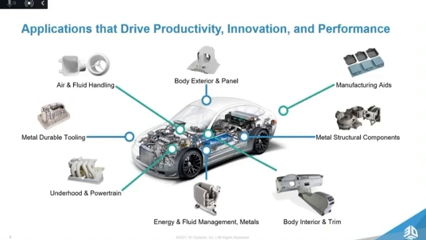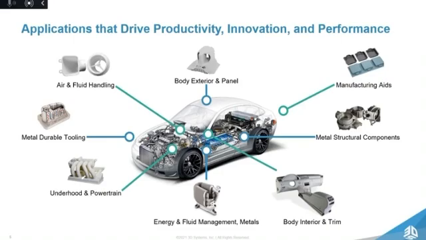This slide is a walk around on a vehicle, highlighting how we've subdivided these application areas. These include common areas that I'm used to working in, like body interior and trim, body exterior panel, powertrain, under hood, also indirect applications for things like manufacturing aids and metal durable tooling. So this gives an overall landscape of the application areas that we're currently considering in consumer auto.